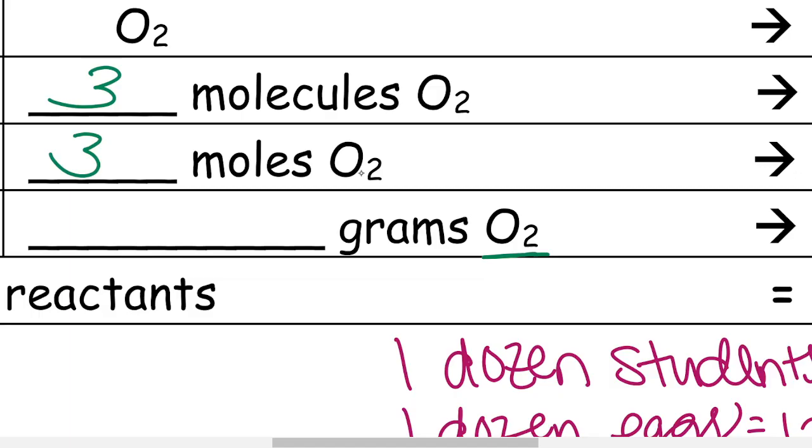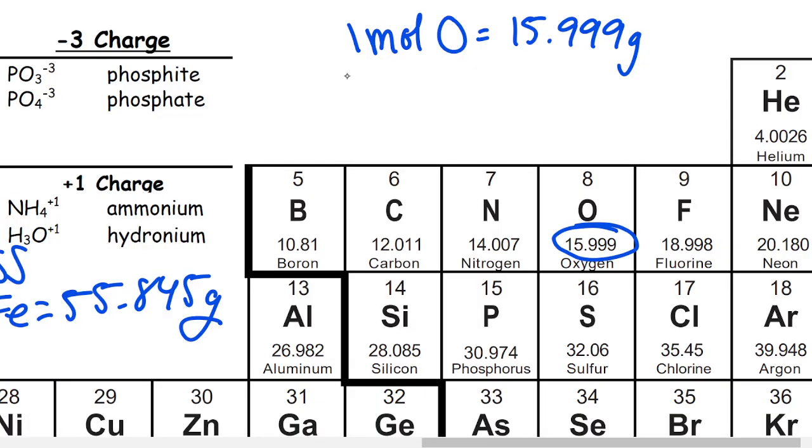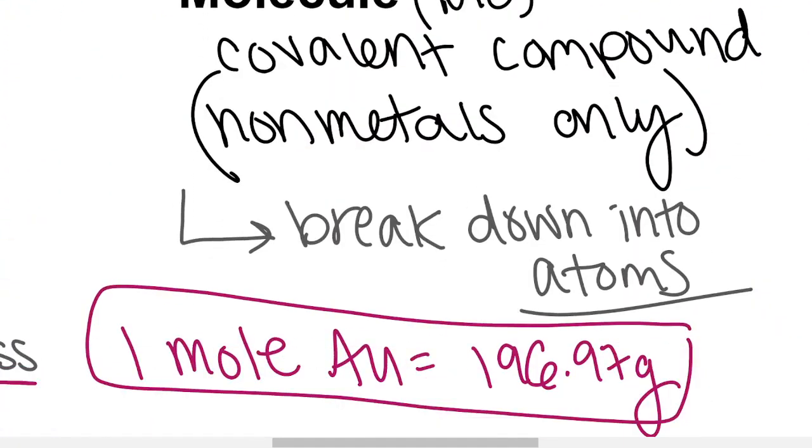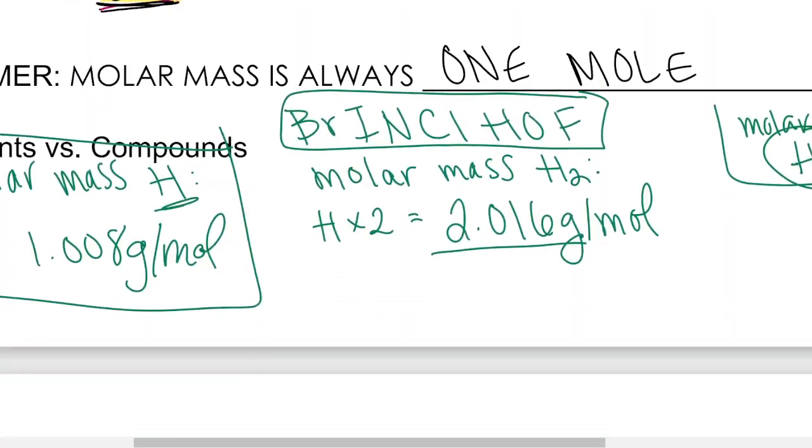But in this equation, it's not just O, it's O2. So if I had 1 mole of O2, the difference would be I would multiply that by 2. So just like how we did the molar mass of hydrogen at the bottom, because it is diatomic, we have to multiply it by 2.